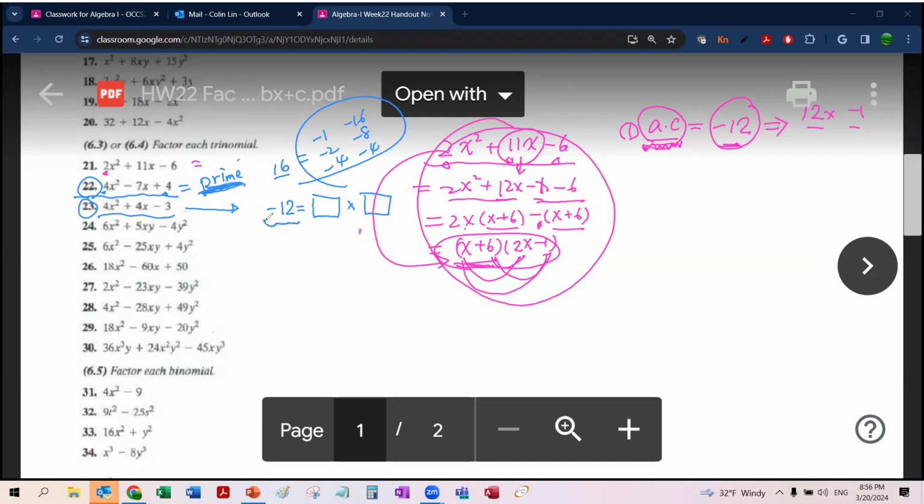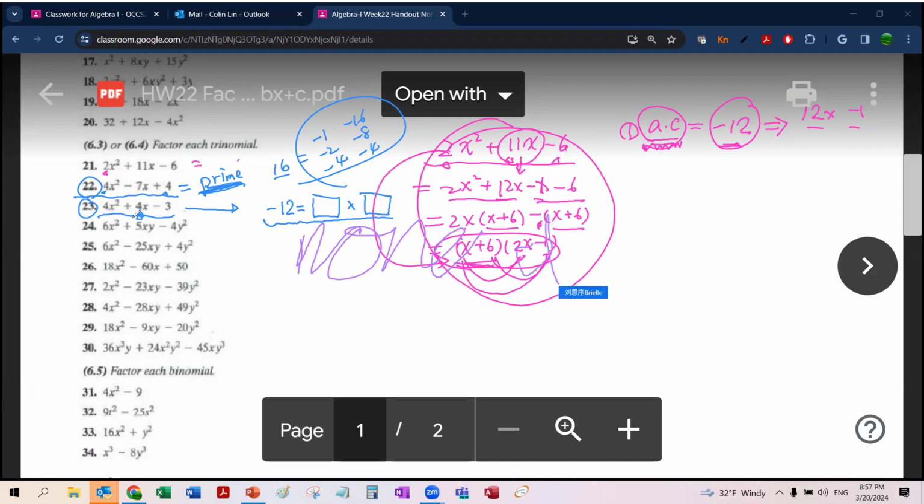What two factors of -12 will sum to +4? You guys have no idea? Look at your paper.